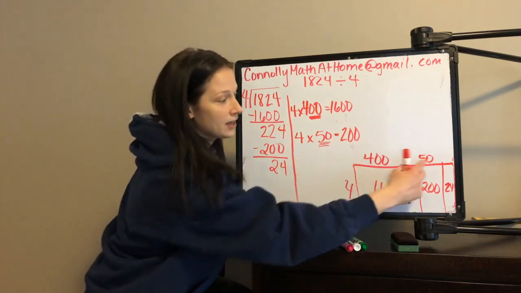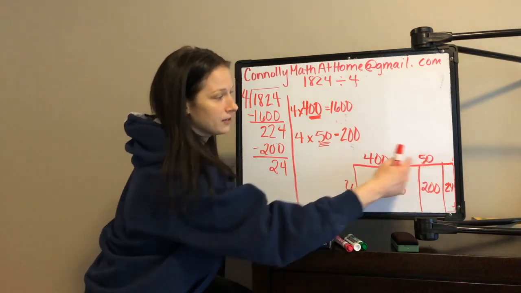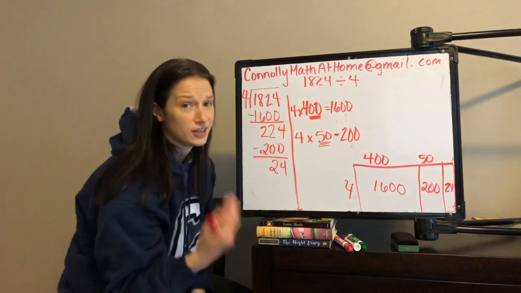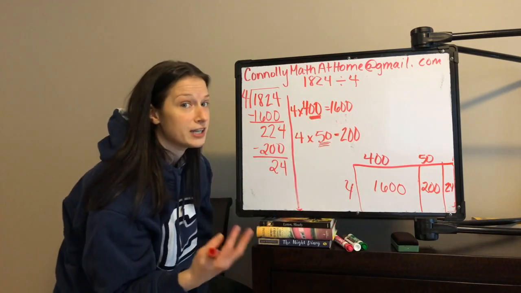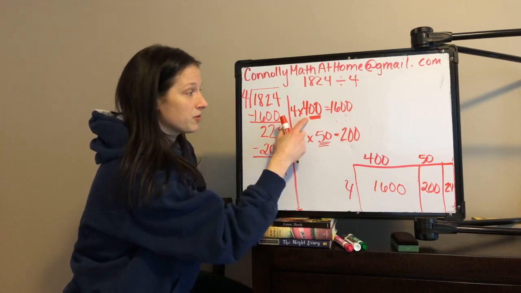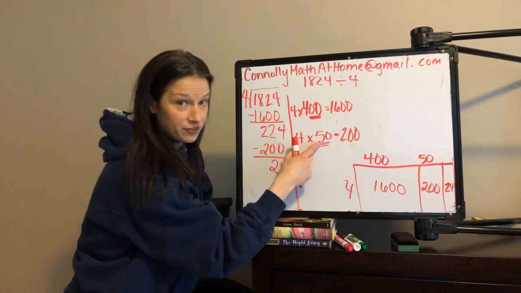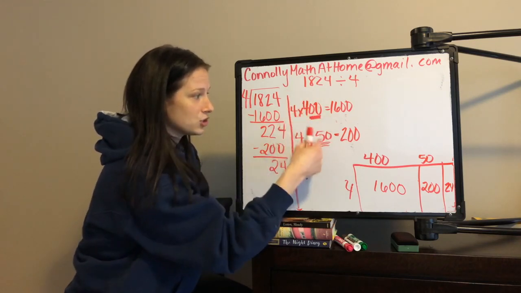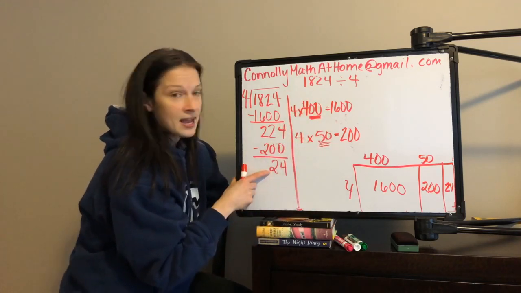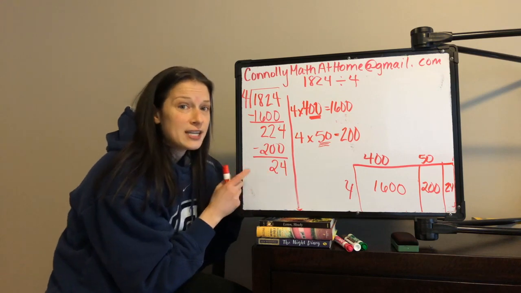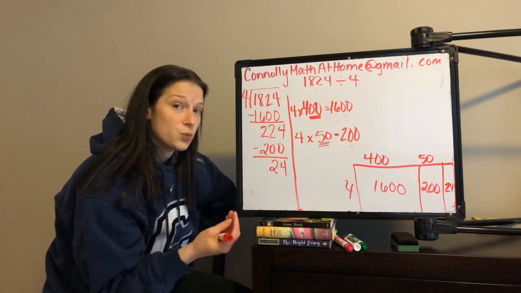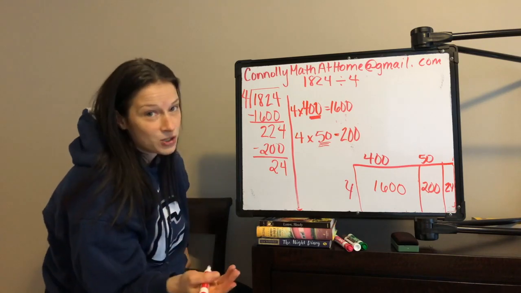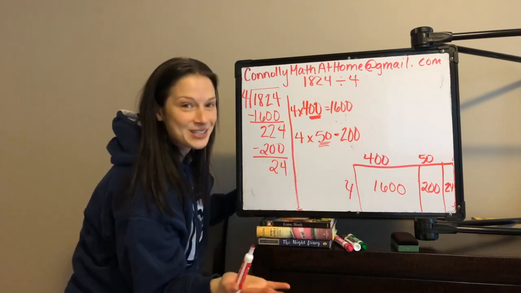So you see our answer starting to develop here, the quotient. We're thinking about how many oranges are in each crate. First I put 400, then I put 50. So far, there's 450 oranges in each crate, and I'm left with 24 oranges that I still need to split between the 4 crates. Okay, so I'm sure you're thinking at home, I know this one.